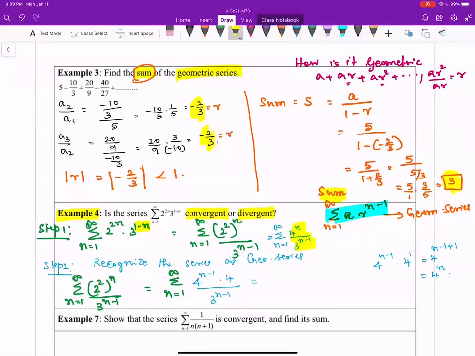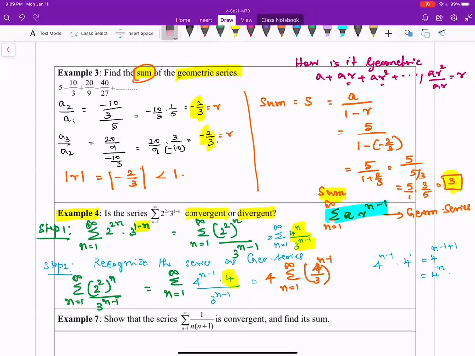So this 4 is independent of n, so it can come out of the sigma sign, sigma n varying from 1 through infinity. This can be written as 4 to the power n minus 1 over 3 to the power n minus 1. So it is 4 by 3 to the power n minus 1.